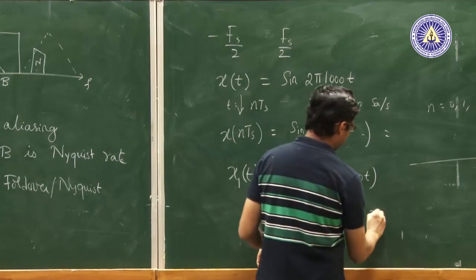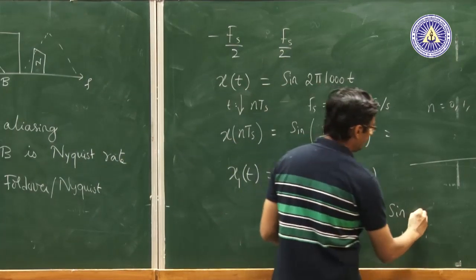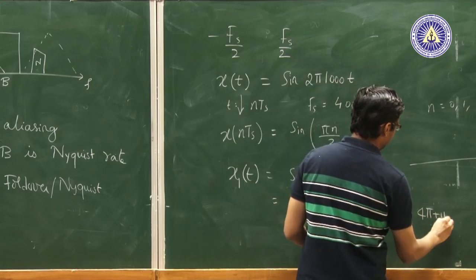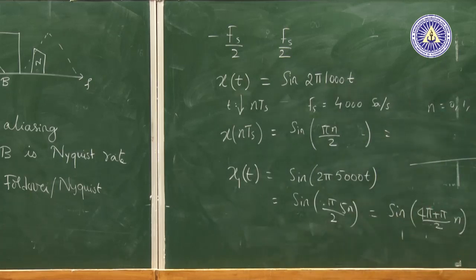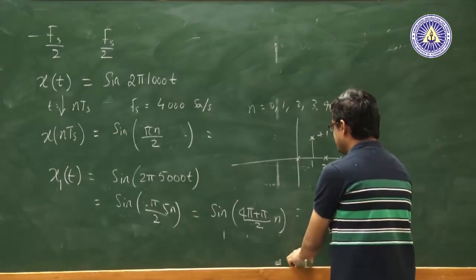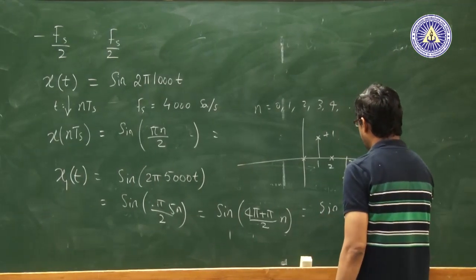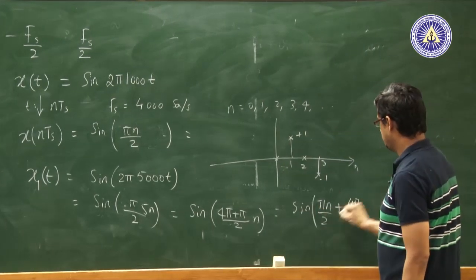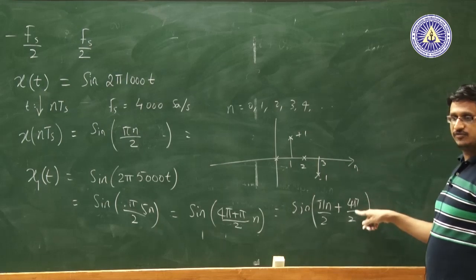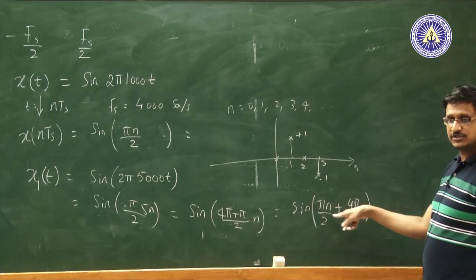5 pi by 2 is basically sine of 4 pi plus pi divided by 2 times n. Is that correct? So, I can rewrite this as sine of pi n by 2 plus 4 pi by 2. Obviously, 4 pi by 2 is 2 pi, and you know that sine functions are periodic.